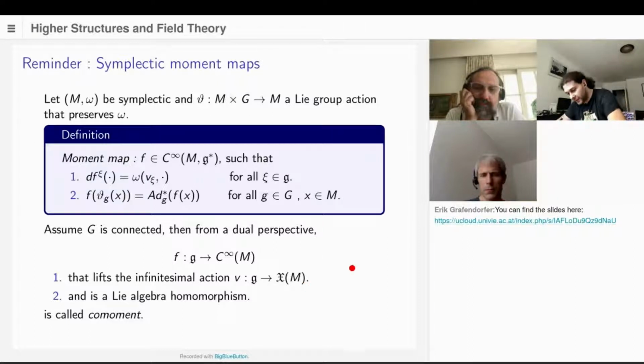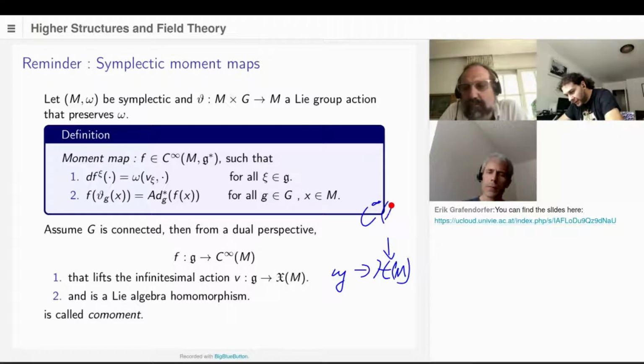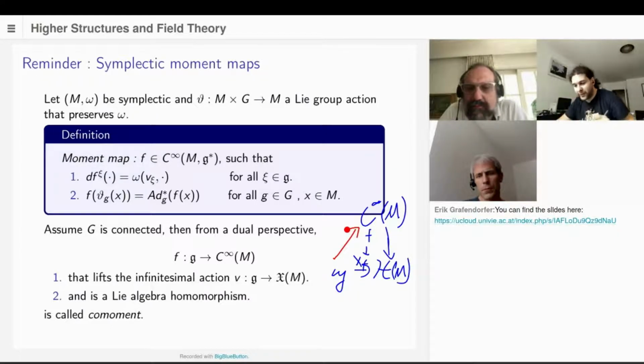So we have the infinitesimal action from g to the vector fields. We have the Poisson algebra of functions with the association f goes to X_f here, and we demand a map between those two spaces that projects to the infinitesimal action map.